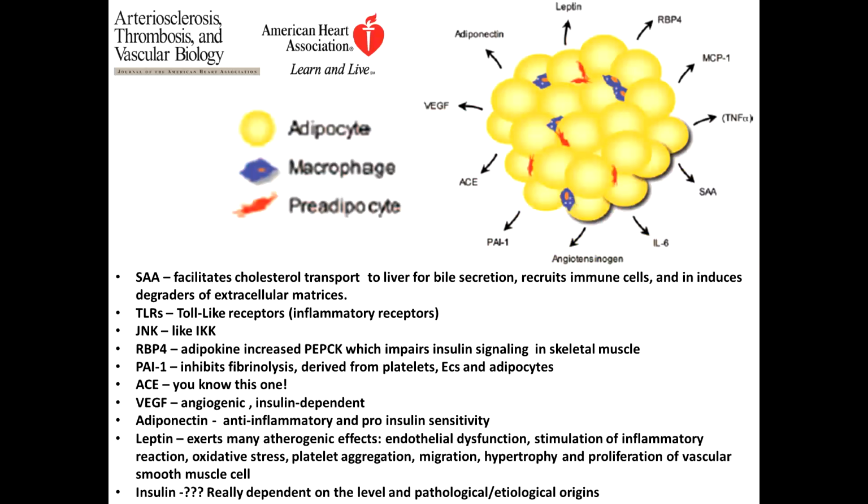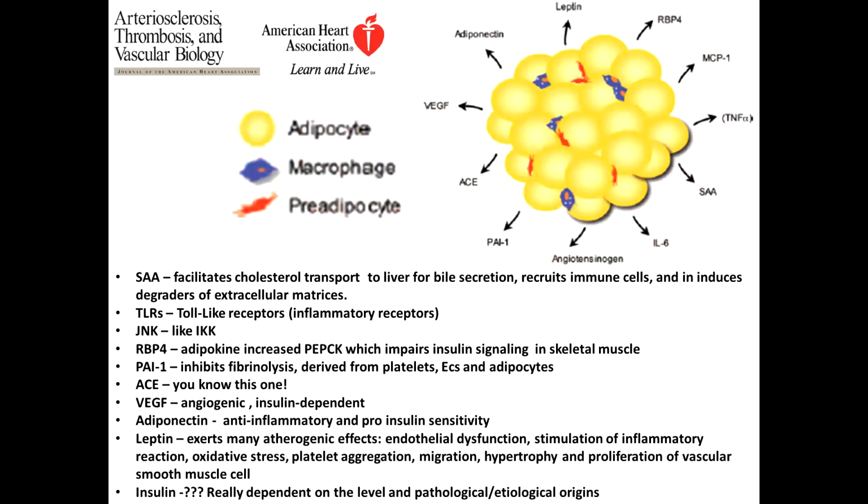We need VEGF to be present when we have ischemic coronary disease or ischemic myopathies because it helps facilitate the growth of those collateral blood vessels that help you handle the ischemia better. But when it's dysregulated, when it's too high in other areas, then we increase the probability of cancer. It also encourages insulin dysregulation.